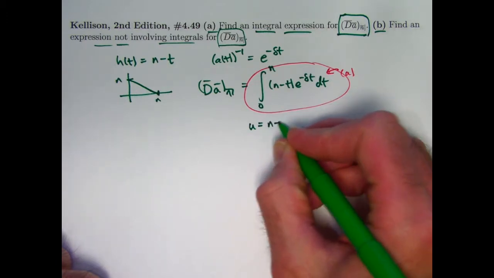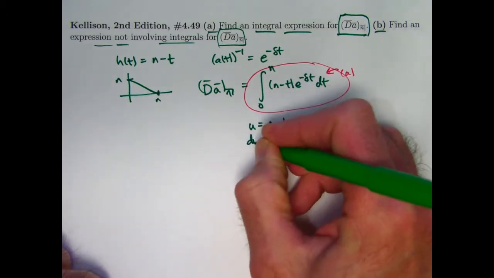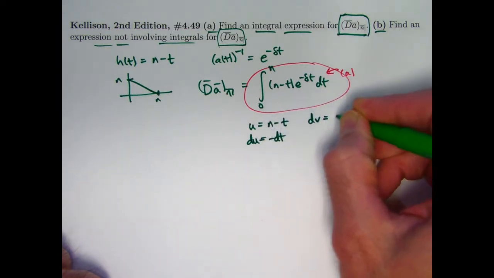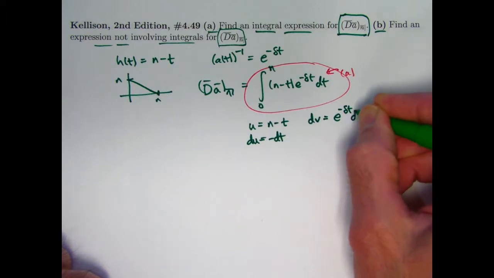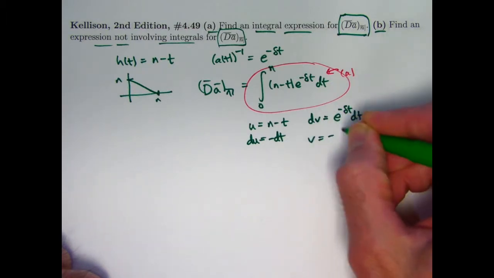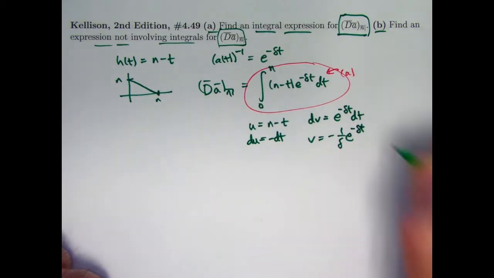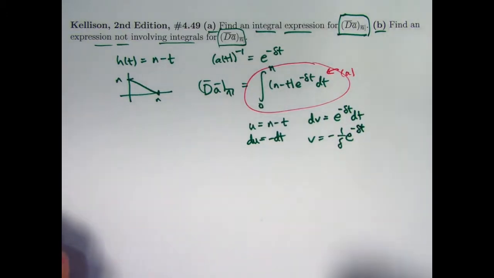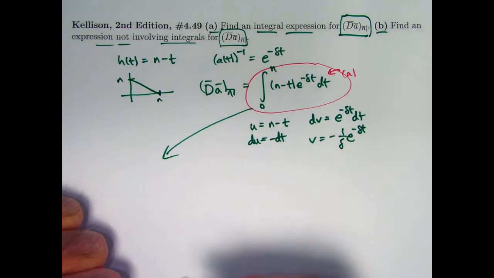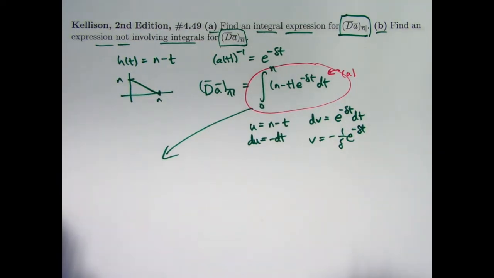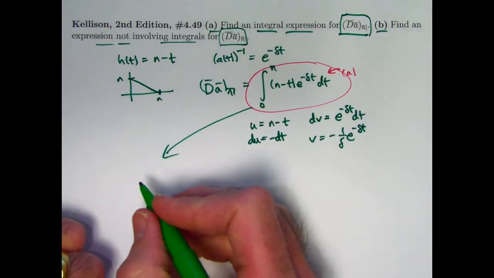Let's let u equal n minus t, so that du is negative dt. And let's let dv be e to the negative delta t dt, so that v is -1 over delta e to the negative delta t. This would be the good integration by parts to do. I will keep the limits of integration as they are, as I should with integration by parts. You would only change the limits of integration if you were doing a substitution, but that's not what we're doing. We're doing integration by parts.